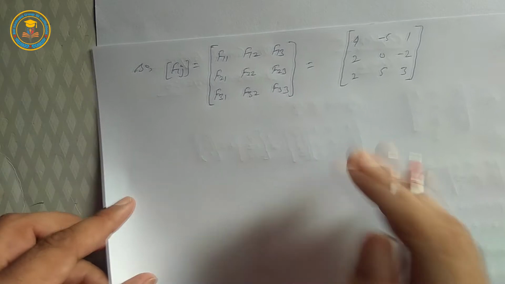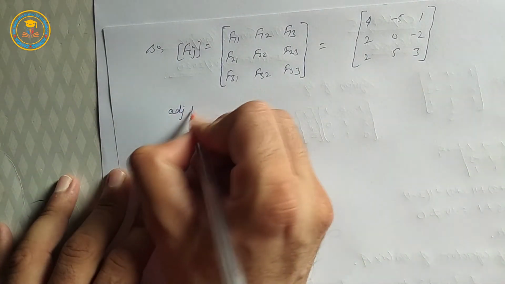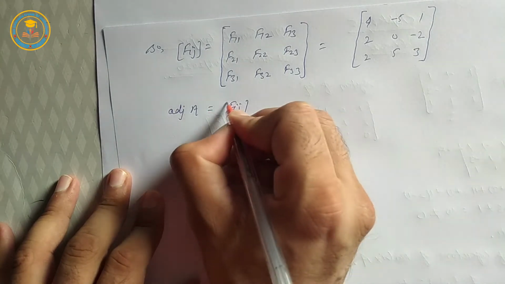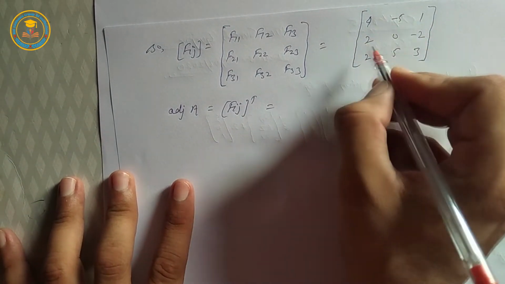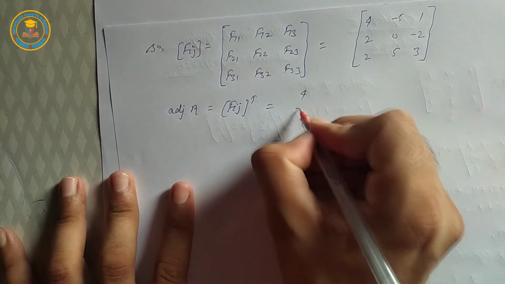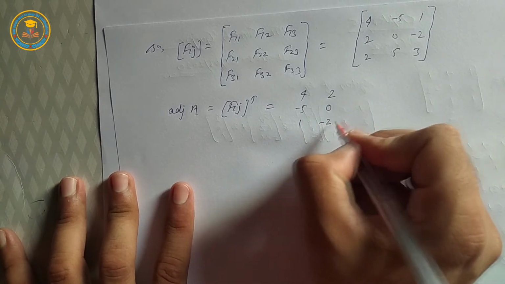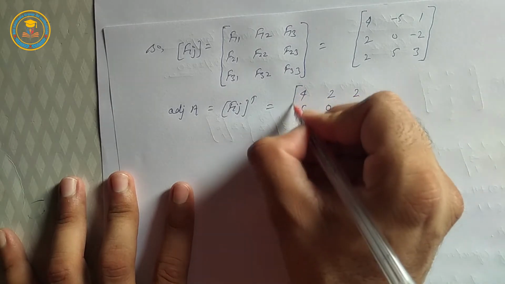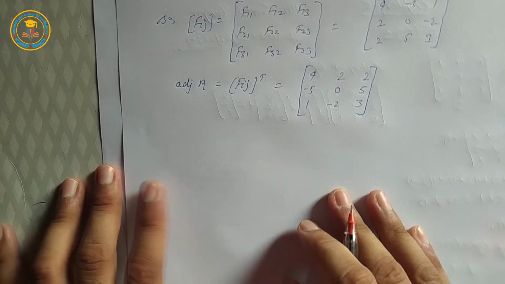Adjoint A is equal to the transpose of matrix Fij, which is [4 2 2; -5 0 5; 1 -2 3].